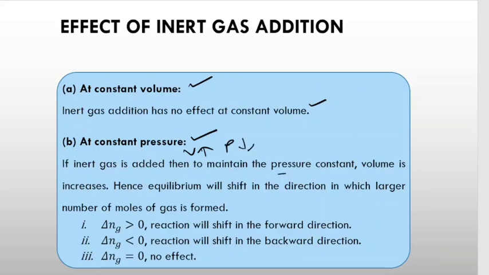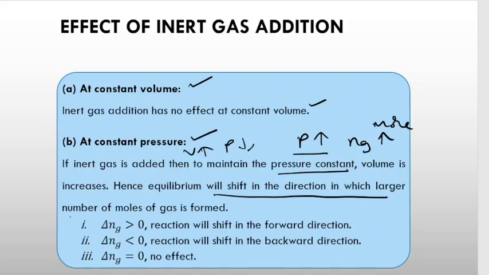To maintain the same pressure, the equilibrium will shift in the direction where the pressure increases. On which side the number of gas moles is more, on that side the pressure increases. So equilibrium will shift in the direction in which the larger number of moles of gases are formed.